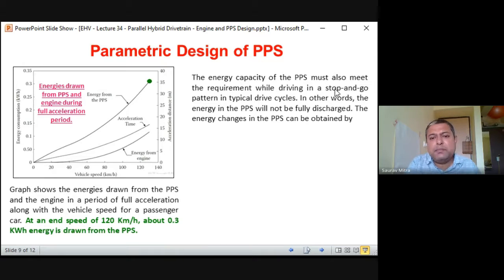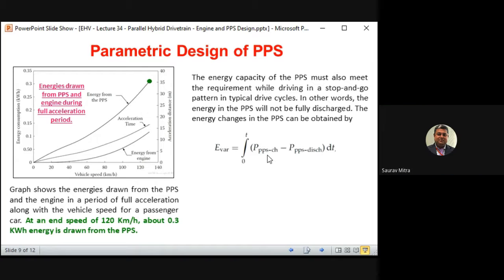The energy capacity of the PPS must also meet the requirement while driving in a stop and go pattern, a typical drive cycle. In other words, the energy in the PPS will not be fully discharged, because PPS is discharging and getting charged, as regenerative braking is taking place. The energy change in the PPS can be obtained by the formula P_PPS charging minus P_PPS discharge, because here it is stop and go.